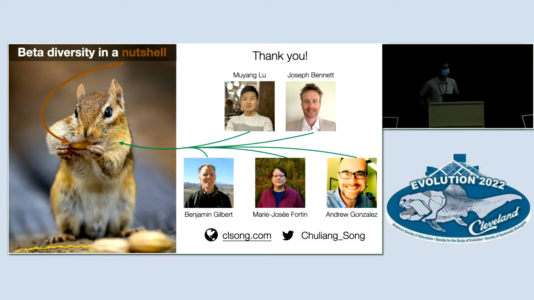So one argument going on right now in community ecology and beta diversity measures is the ability to distinguish nestedness versus turnover. So how does your measure distinguish those phenomena? Yeah, that's a great question. This is indeed something that we're focused on in the unified framework.